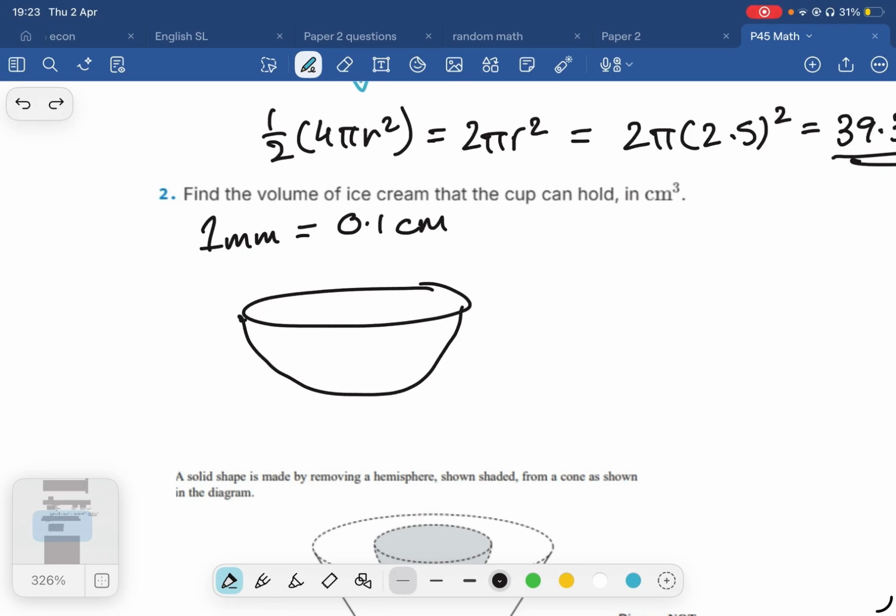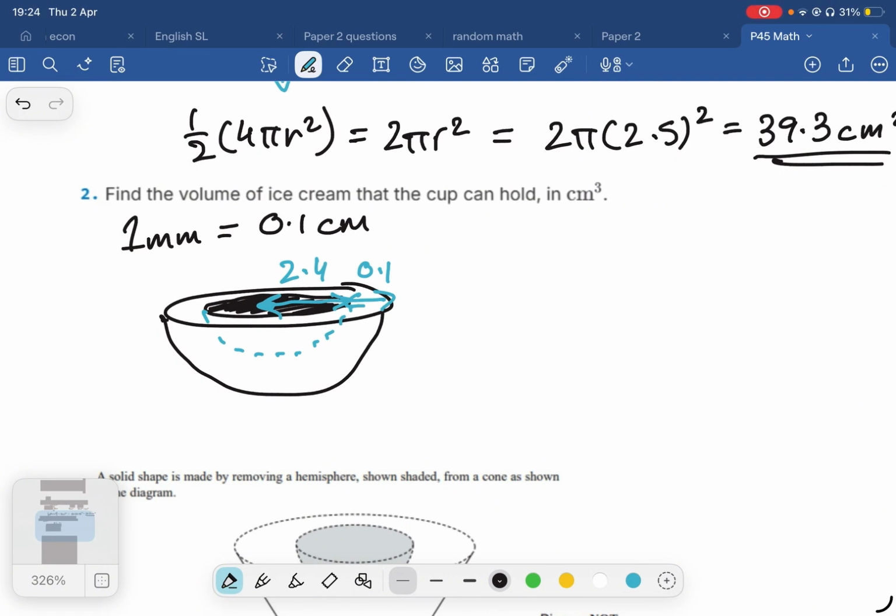But if you take the radius of the hole inside here, you just take that measurement and minus the 0.1. So you'd get 2.4 instead of 2.5. That's where a lot of students make a mistake. They think you don't have to minus 0.1, but you do. So you have to find that volume.